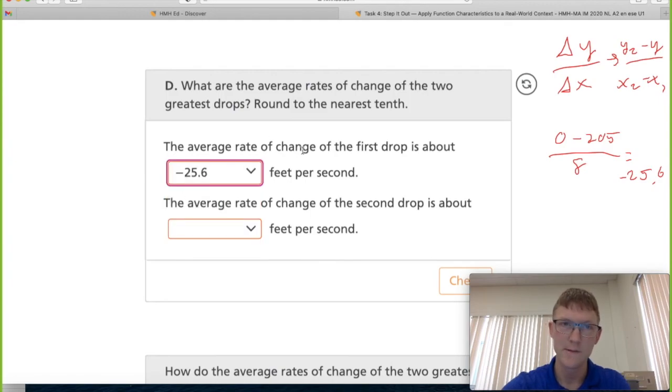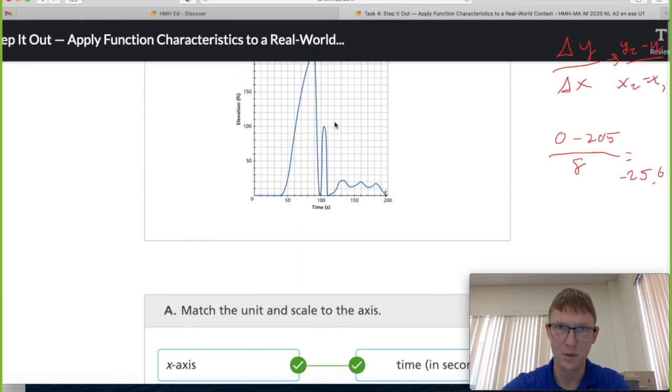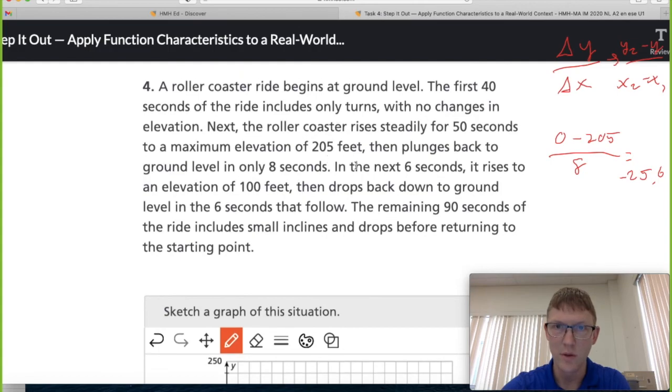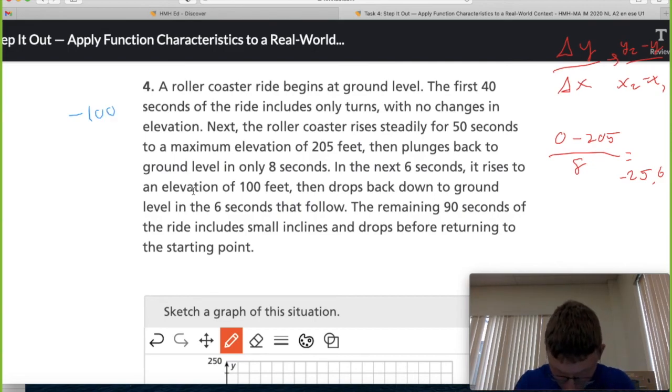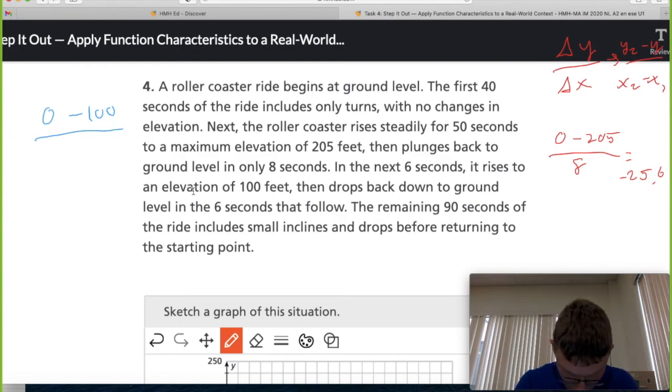Yay. Average rate of change of the second drop. So again, let's see if we have some actual data points. In the next 6 seconds, it rises to an elevation of 100 feet. So we'll do this one in blue. It starts at 100 feet, so that's going to be our y1. Then it drops back down to ground level in 6 seconds.